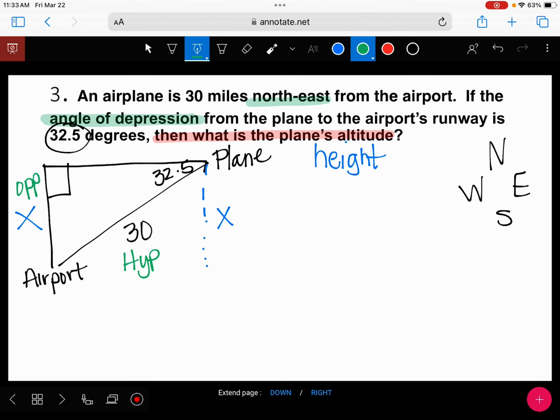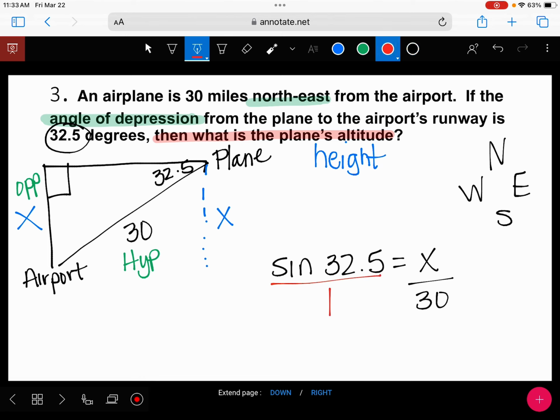And we're not trying to find an angle, so we're not going to use the inverse, okay? So we have sine of 32.5 equals opposite over hypotenuse. Go ahead and solve this. Solve it for x.